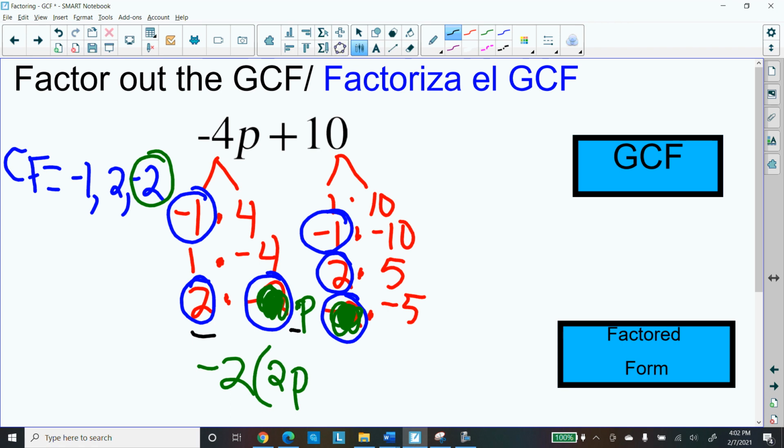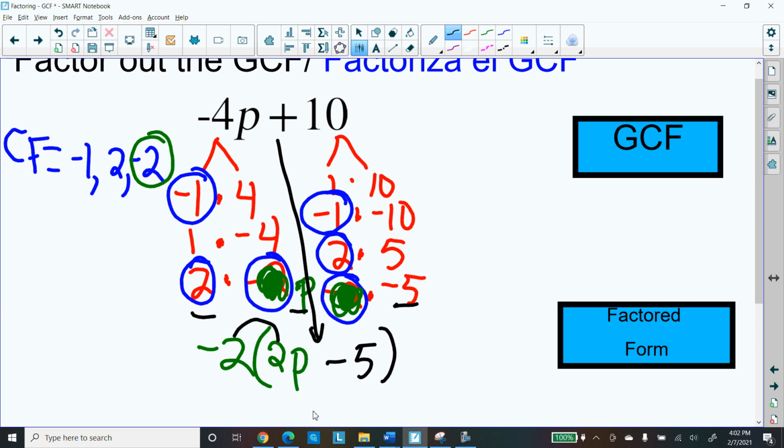So we have a 2 and a P. And on this side, we have a -5. And I could put a plus sign in between by bringing that down, but I'm not because I already have a minus sign there. You don't want to put a plus and negative sign together. So let's see what we got. -2 times 2 is -4 P. -2 times -5 is same signs as positive. There's your +10. So we have done this one also very well.